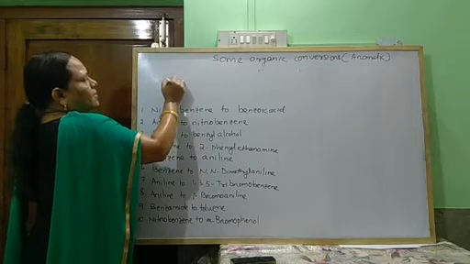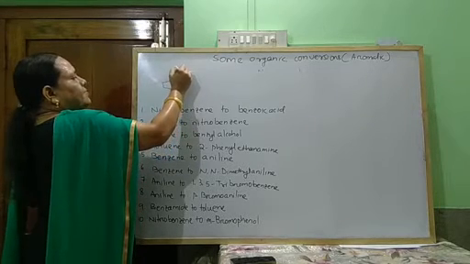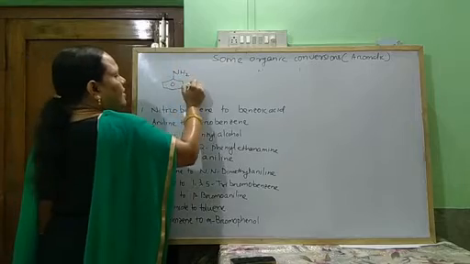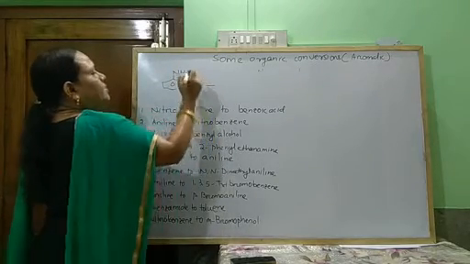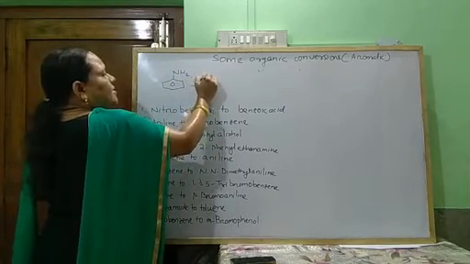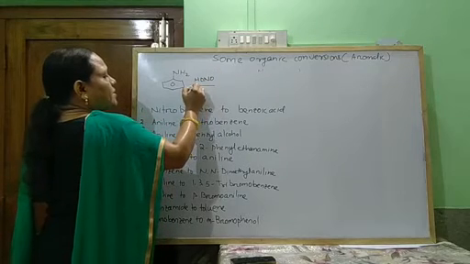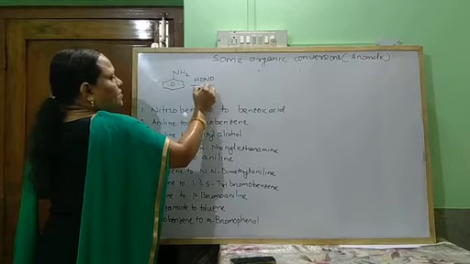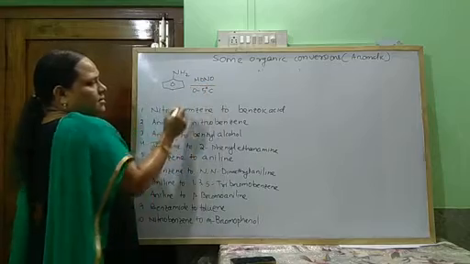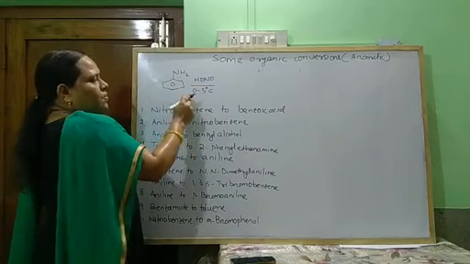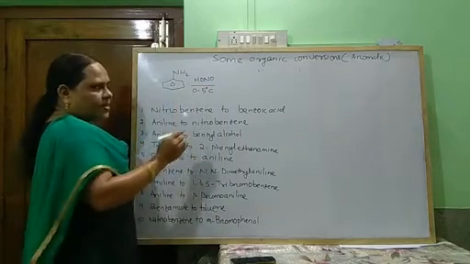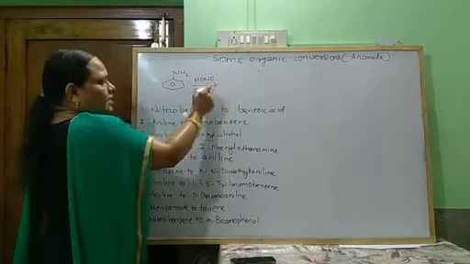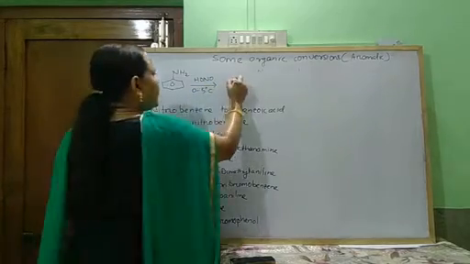Look here. So this is aniline, and this aniline, when treated with nitrous acid at low temperature, 0 to 5 degrees Celsius, or you can write 273 to 278 Kelvin, in Kelvin scale or in Celsius scale we can represent.